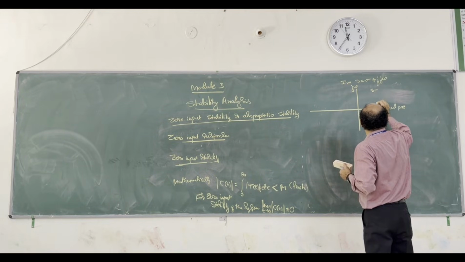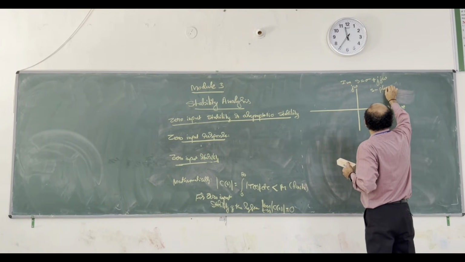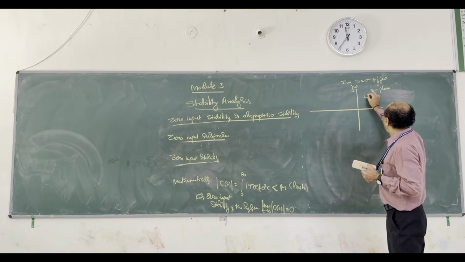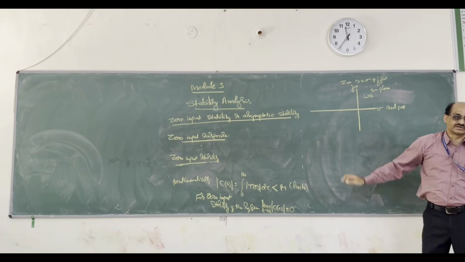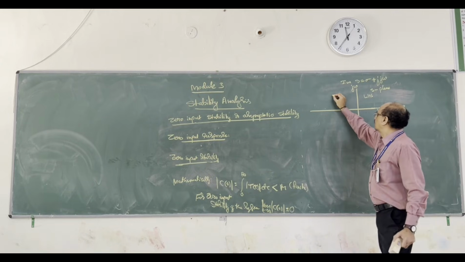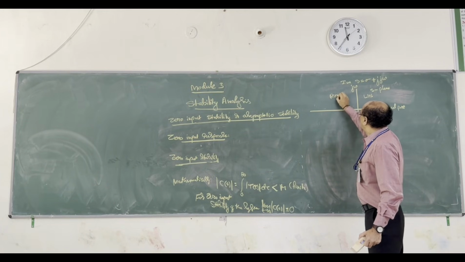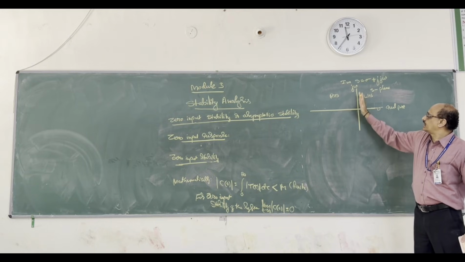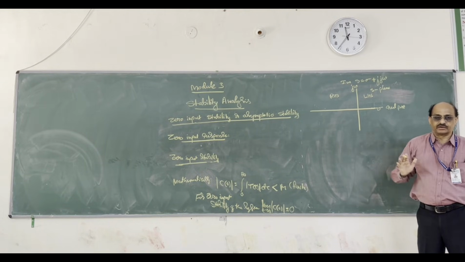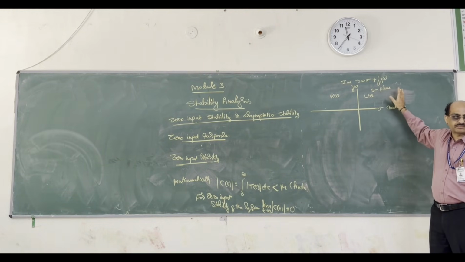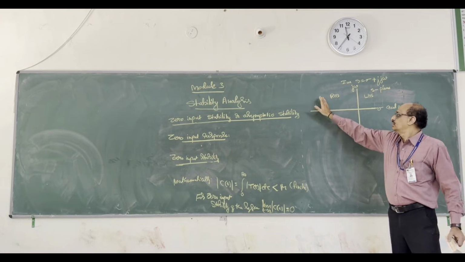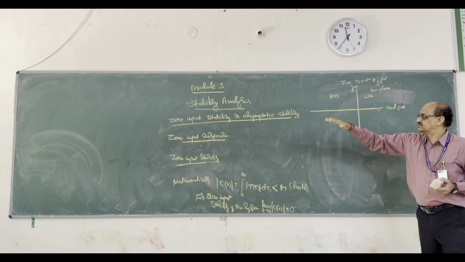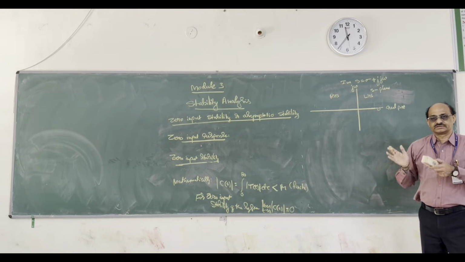This is your S plane, with the left half of the S plane and the right half of the S plane. This is your real axis, and this is the imaginary axis. You must be aware of all these things, very important.